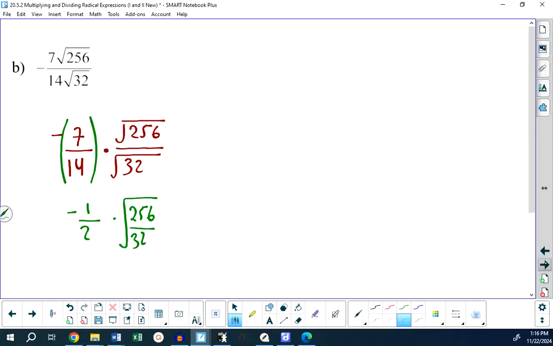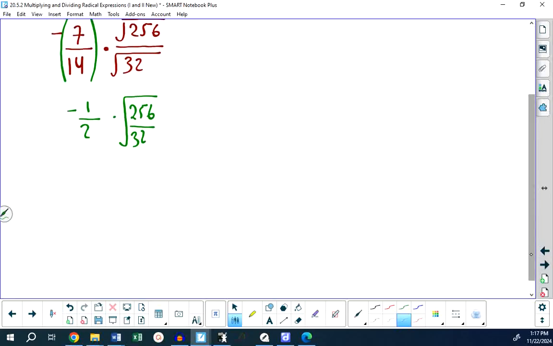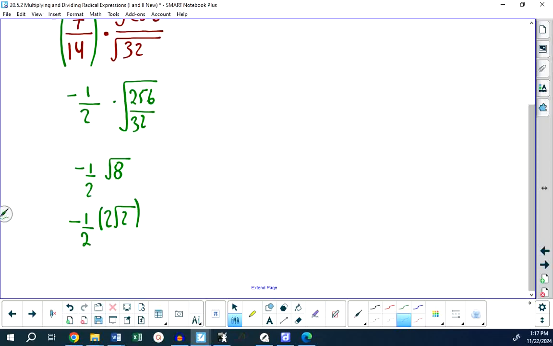Just like we divided 7 by 14 to get a half, we divide 256 by 32 to get what I want to say is 8 again. So we end up now with negative 1/2 times root 8, which is negative 1/2 times 2 root 2. And 1/2 times 2 is 1, so we're left with negative root 2.